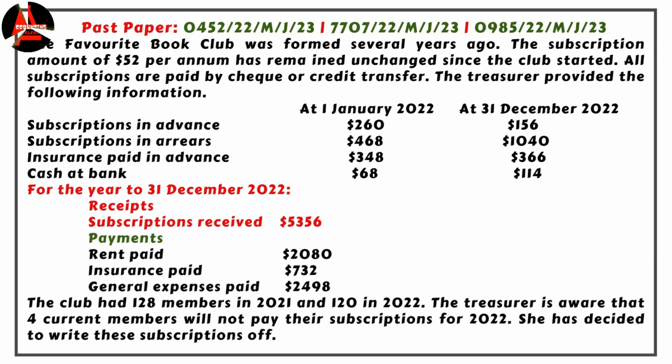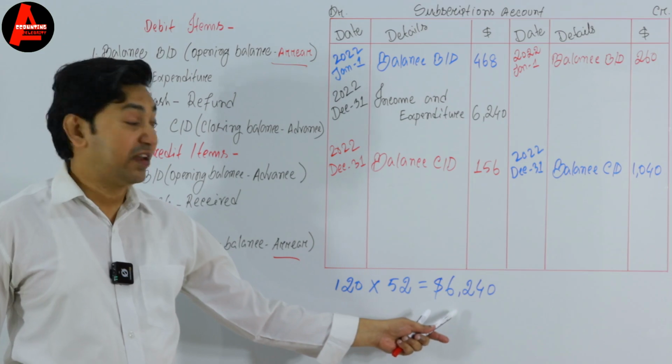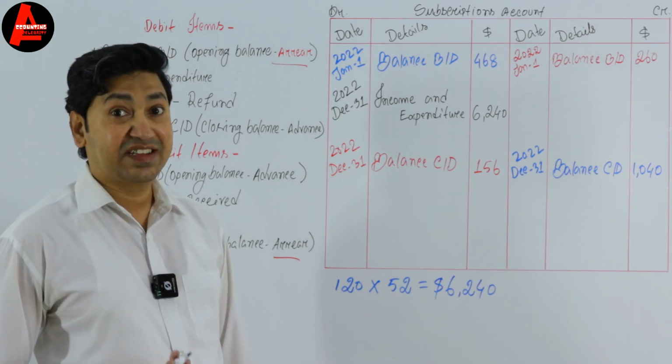Then we have on the question, for the year to 31st December 2022, receipts. What are the receipts here? Subscription receipt, $5,356. This is the amount the club is supposed to receive for one year, but actually the club received $5,356.